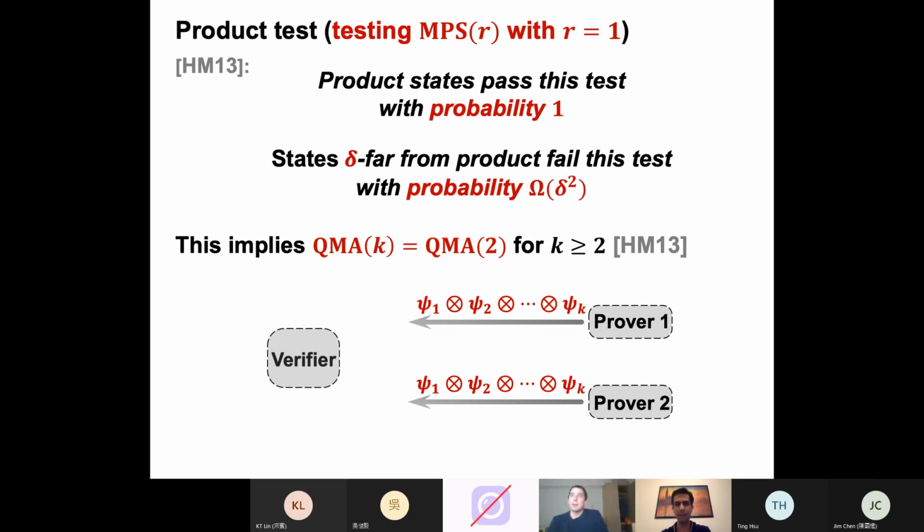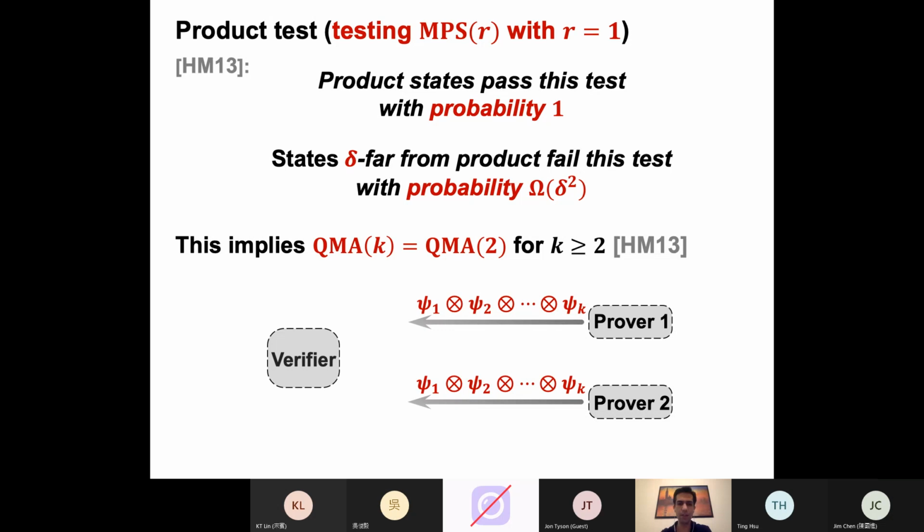Okay, so let's see why having the product test, we get this equivalence between QMA(k) and QMA(2). And this is because, if the provers are all wise, as that's the assumption in these complexity classes, the verifier can, in principle, ask one of the provers to send the advice of k provers at once.